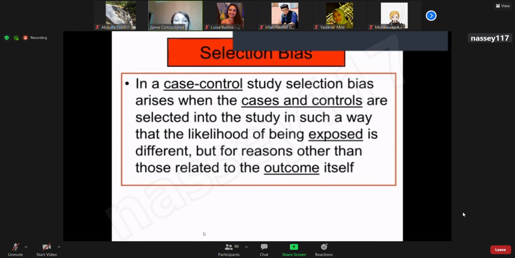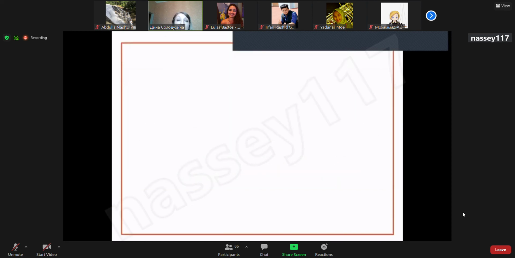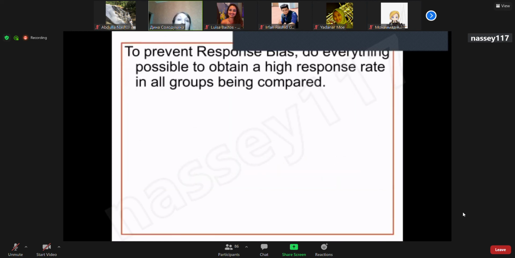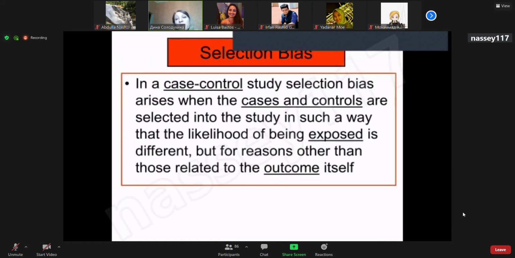We have to make subjects very similar in terms of characteristics when we have a case control study. And to prevent selection bias, we must check that our selection is based only on criteria of outcome.